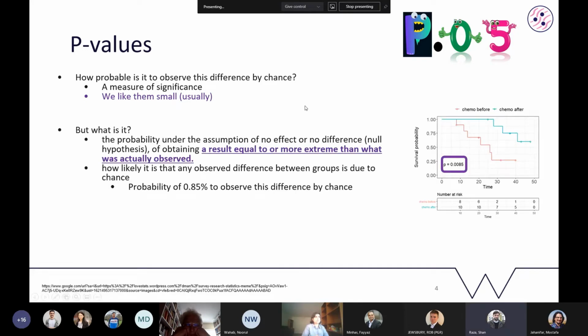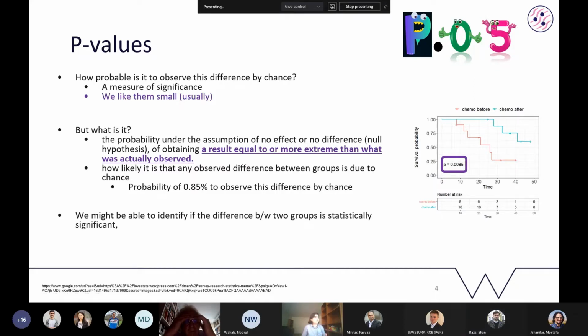Just to cite the example that Noor has already presented, here on the right, you can see that for these two groups of chemo before and chemo after, we got a p-value of 0.0085 after the log-rank test. So what we are essentially saying is that there is a probability of 0.85% that this difference that we are observing happened by chance.